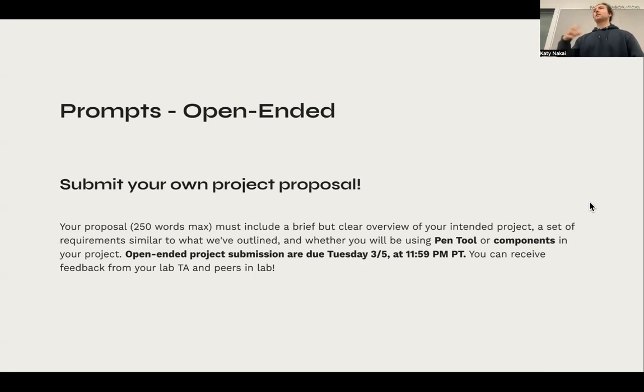So you've got to hit a similar requirement, but you can say, I think the pen tool is really cool, and maybe not a local restaurant, but some other thing really appeals to me, and I want to make a design around that. Totally open to that. So please type up a proposal, submit it to us, and we'll get back to you. It's due Tuesday, so you can get feedback from your lab TA before you submit it.